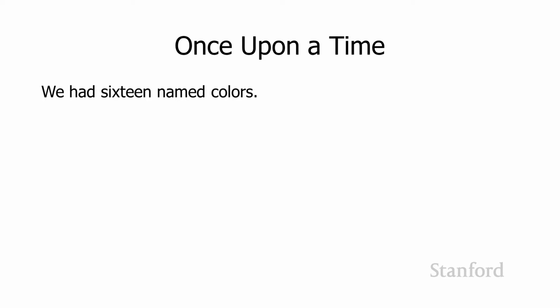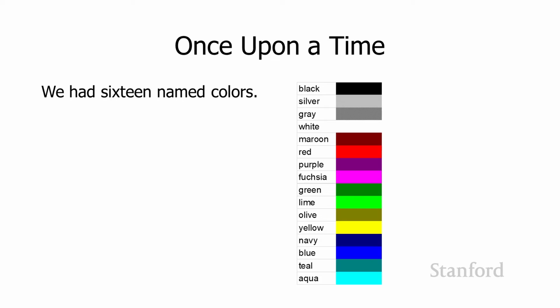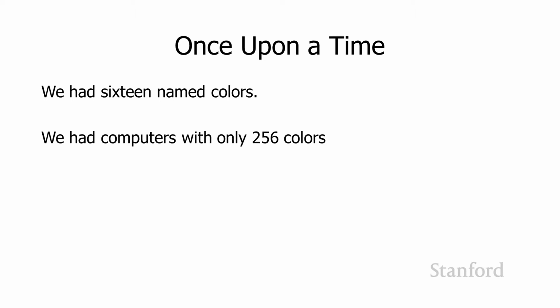Okay, so let's start off with a little history lesson. This will tie back in. Once upon a time, we had only 16 named colors. And here they are. So we'll see in a minute, you guys have it much better off. But there was another big problem that we had, which was that the computer monitors only displayed 256 colors.